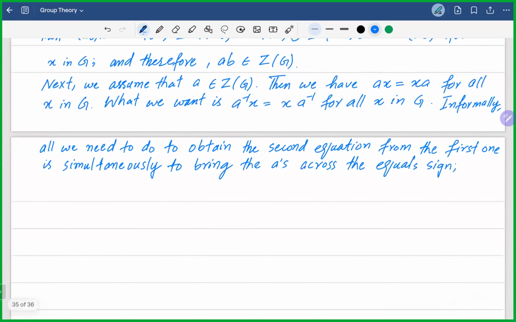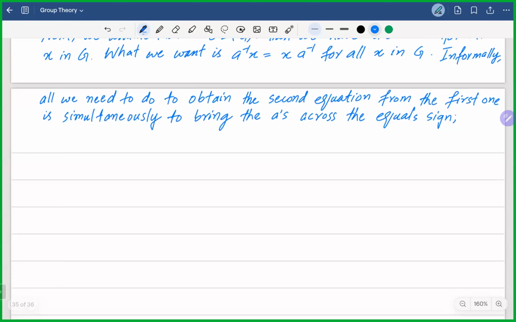We want AX is XA, and we go from here to here, and this becomes XA inverse is equal to A inverse X, right?